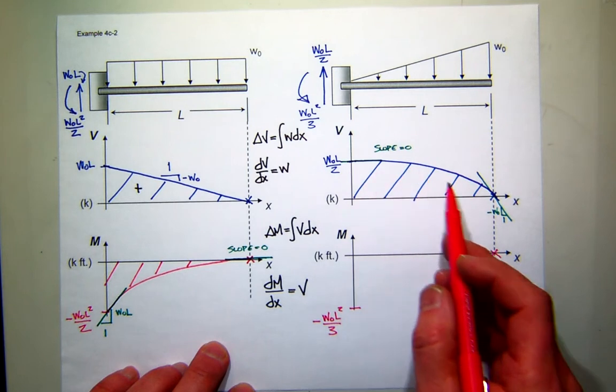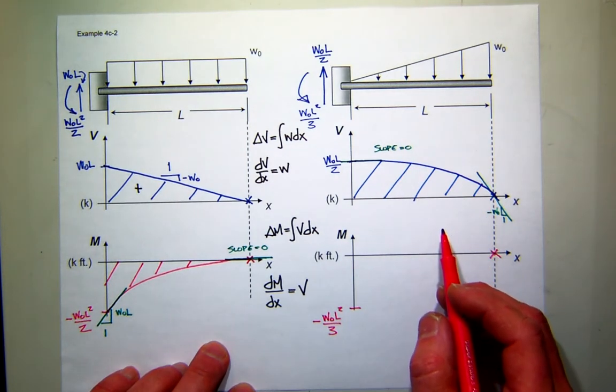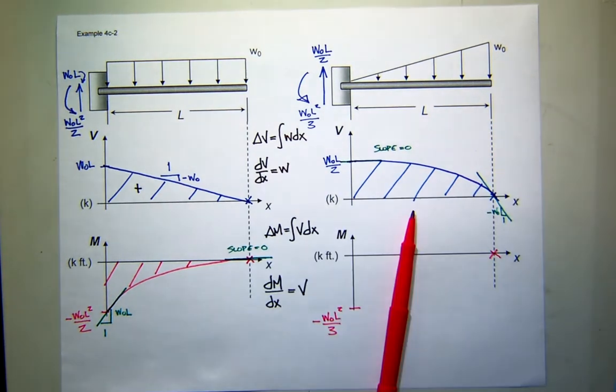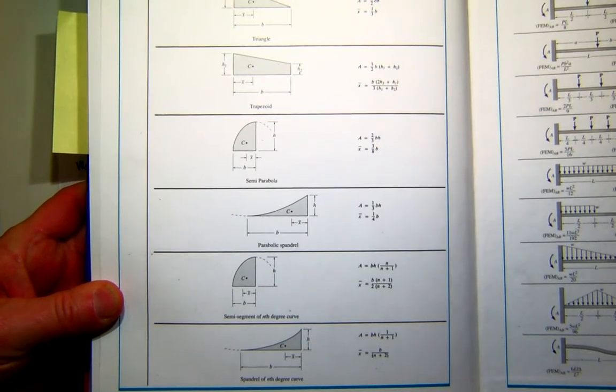Anybody know the area of a parabolic section off the top of their head? Actually, I do. It's 2/3 base times height. In fact, if you look in the back of your book, you can see, it's a little hard to see, let me zoom in for just a second.